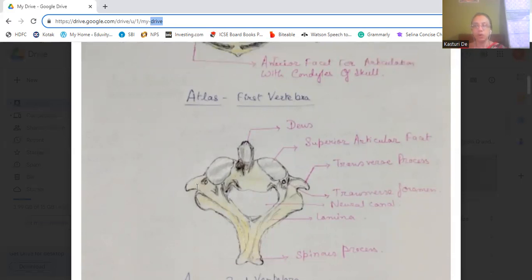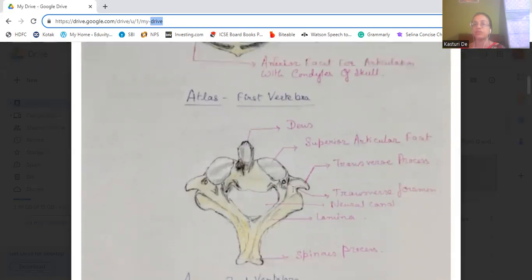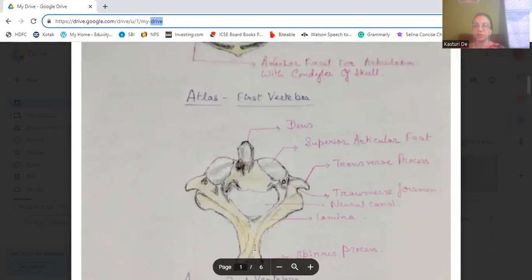These small holes you can see near the transverse process are the transverse foramen. The big hole in between is the neural canal through which again the spinal cord passes. These are the two lamina, and this is the spinous process.